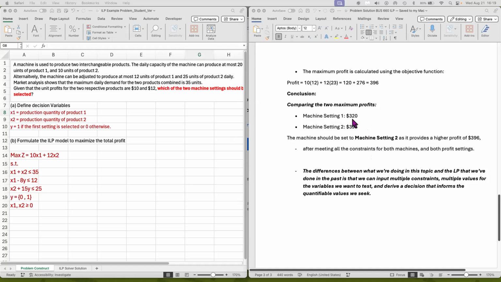Now, let's suppose for some reason someone said, oh, well, we want to make 320. Well, then that wouldn't be a maximization problem. So the difference between what we're doing in this topic and in all the other linear programming is that we can input multiple constraints. Now, there are some programs like Gurobi, and Solver is one.